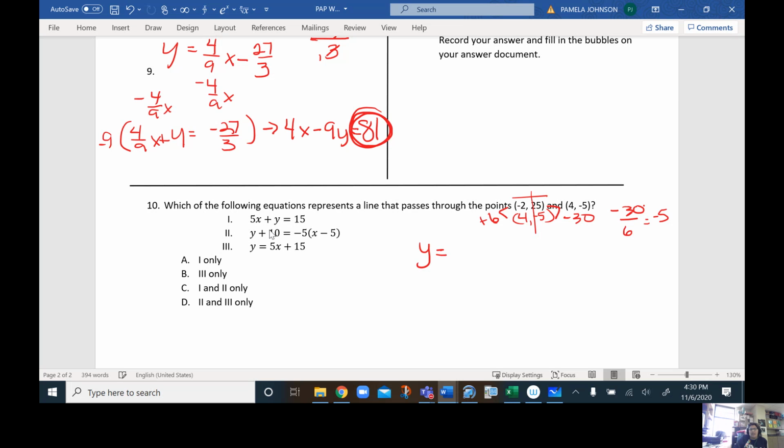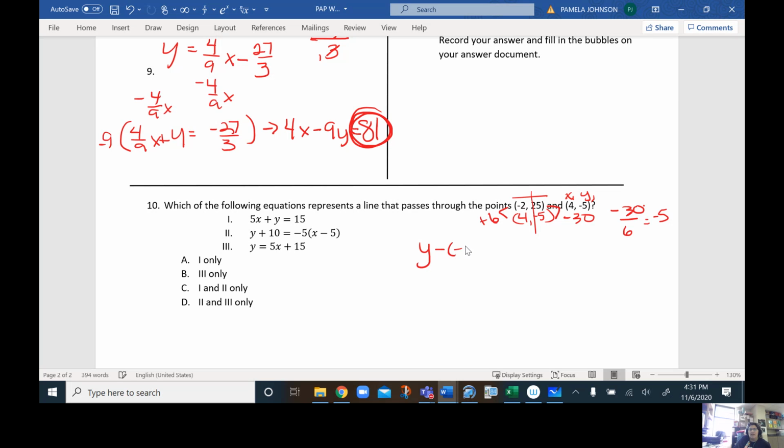Y equals, it looks like it used 10.5 on here, but that's not one of the points we were given. So we're going to have to do something with that here in just a minute. Okay. So Y, let's use the 4, negative 5. They're just smaller numbers. Either way, we're going to have a negative somewhere.